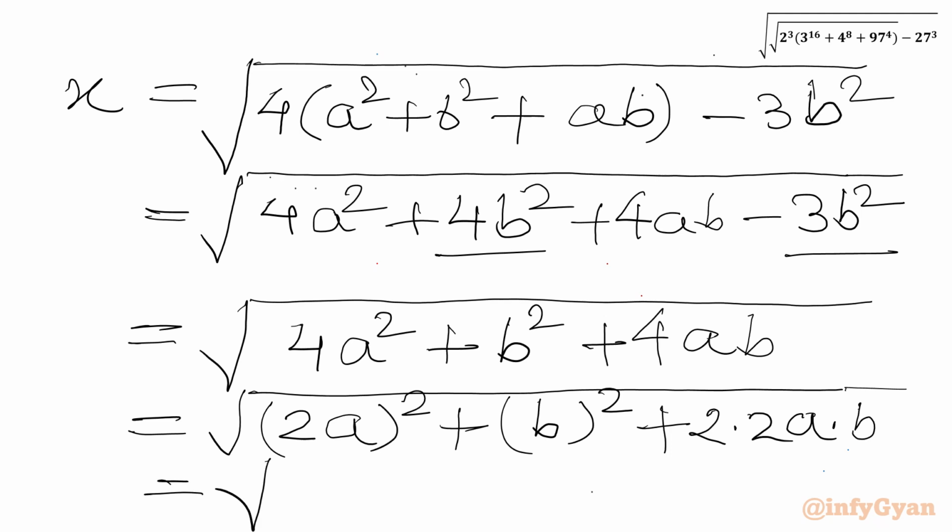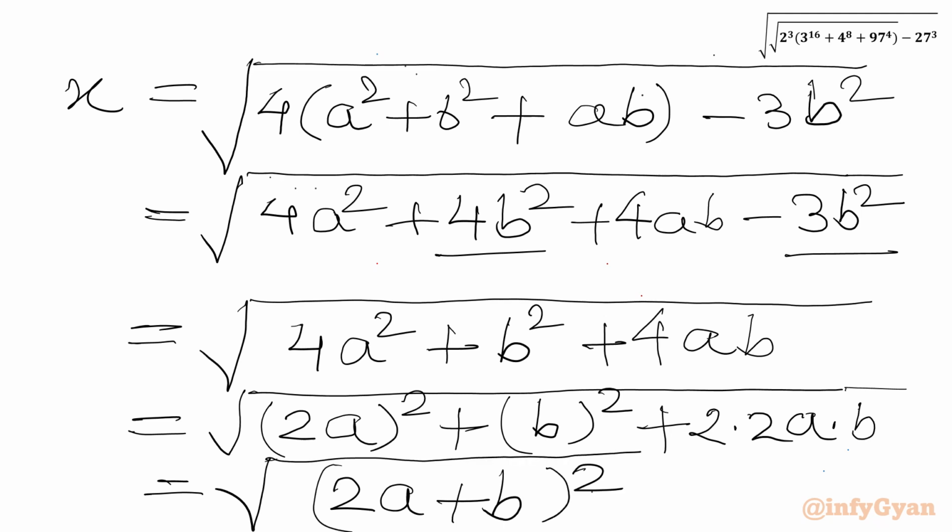Here we can write this is perfect square of 2a plus b. Now we can cancel square root with square. So our ultimate simplification, x equal to 2a plus b.